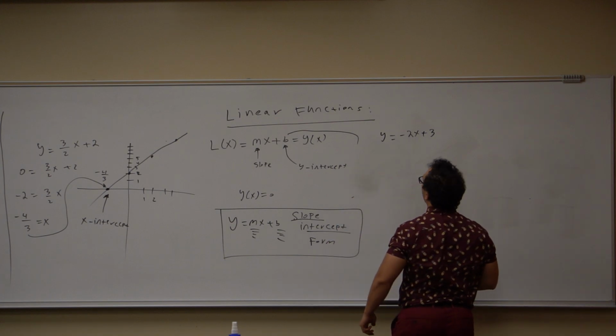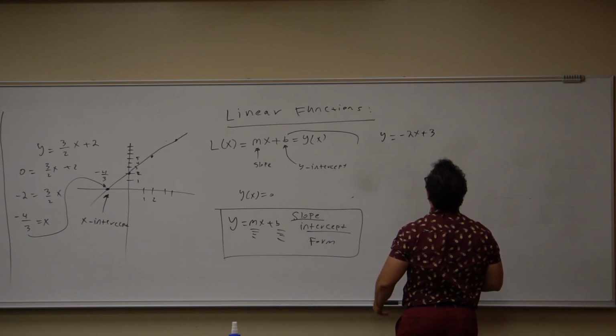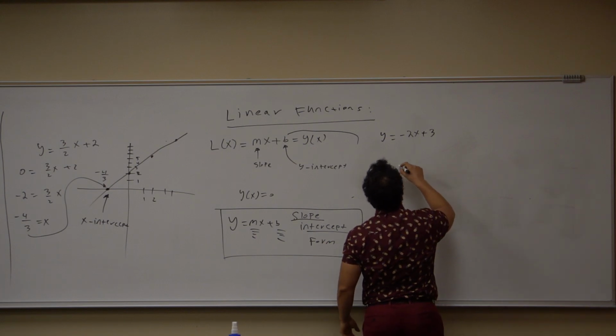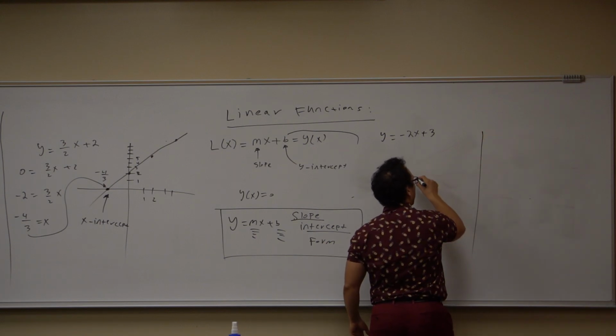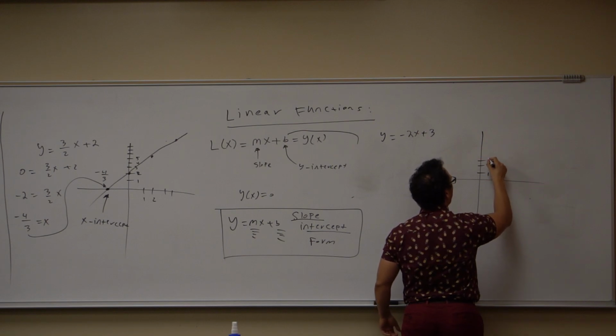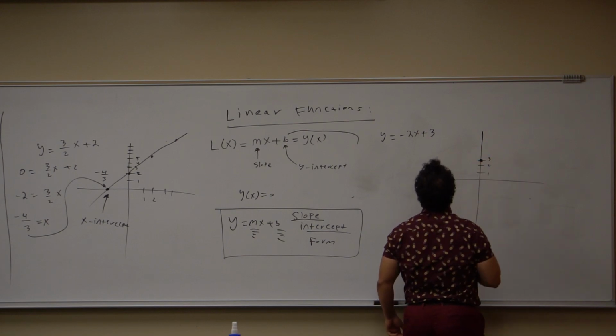Okay? Now, what kind of line? Well, it has slope negative 2, y-intercept 3. Another way to discover what the line looks like here, it intercepts at 3. This is where the line will touch the y-axis.